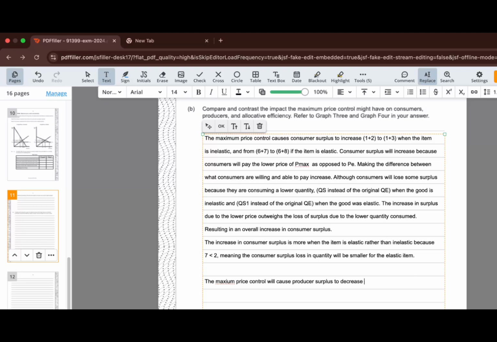So we'll decrease from 3 plus 4 plus 5 to just 5 when the item is inelastic, and from 8 plus 9 plus 10 to 10. Well, actually, we'll go to just 10 when the good is elastic. Okay, and then we'll just put a little bit of brackets there.